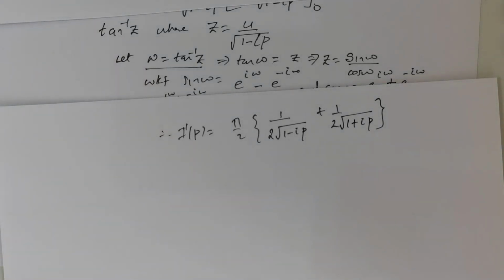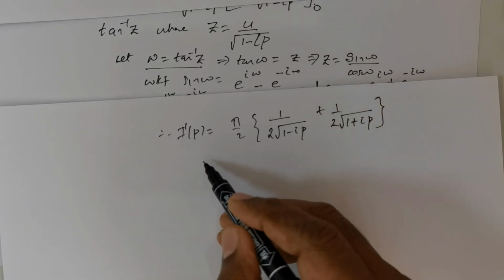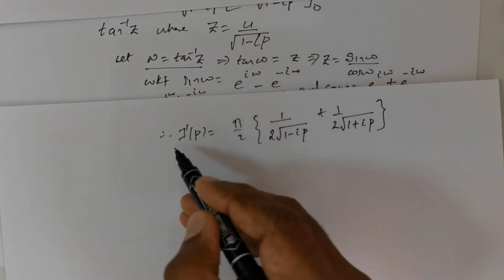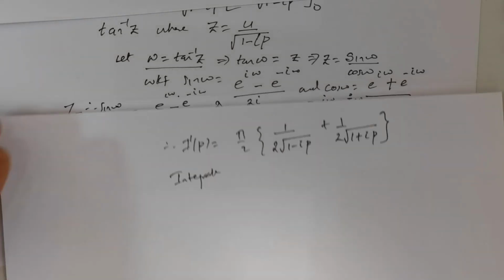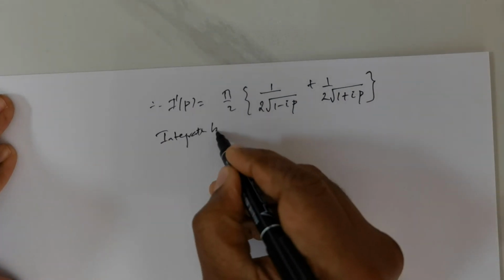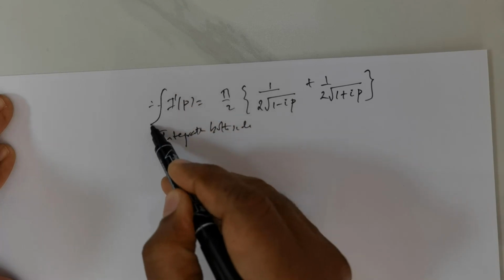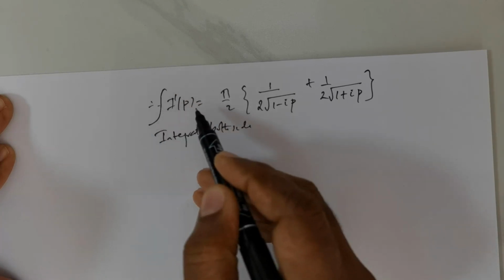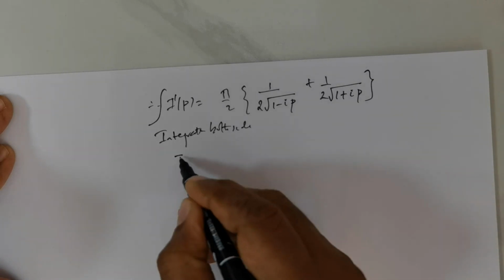So this is what I've got. Now this is my I dash of p, but I need I of p. So for that, integrate both sides. The integral operator and the differentiation are opposite and they get annihilated. In other words, the neutralization is obtained.